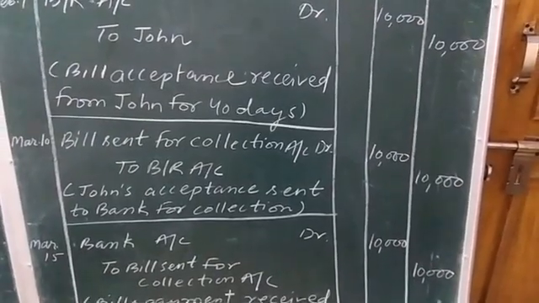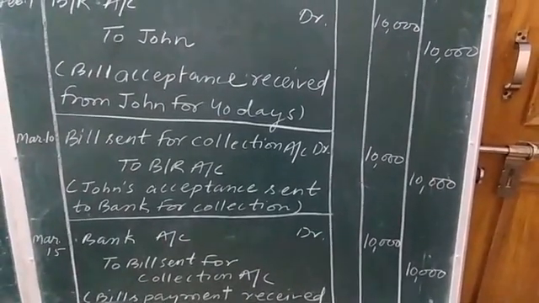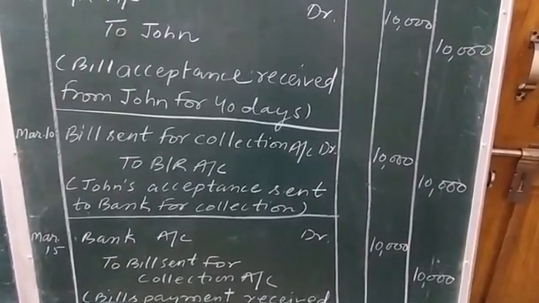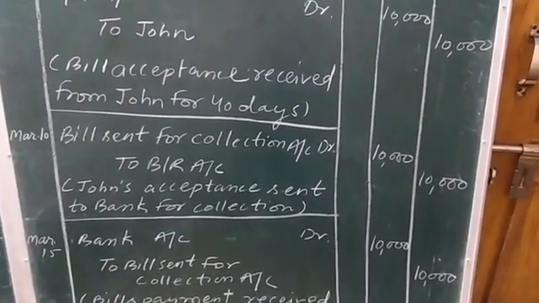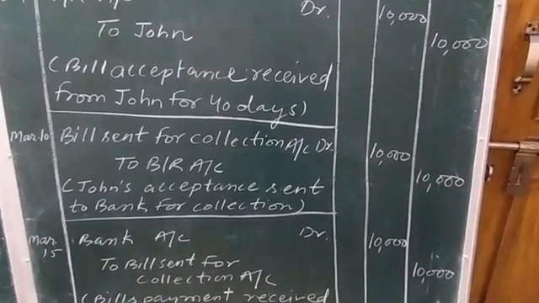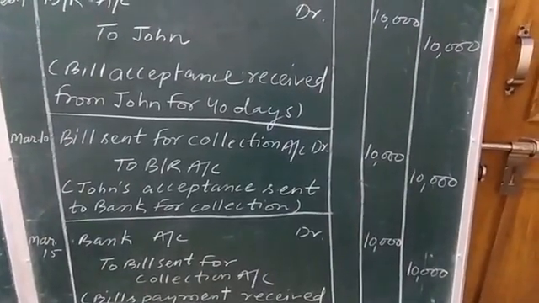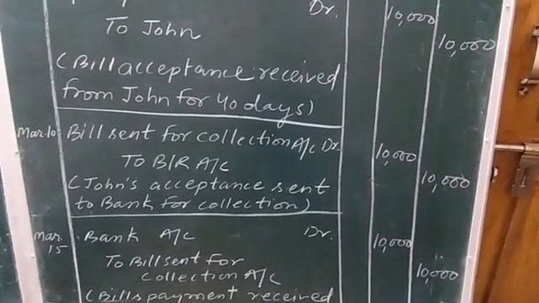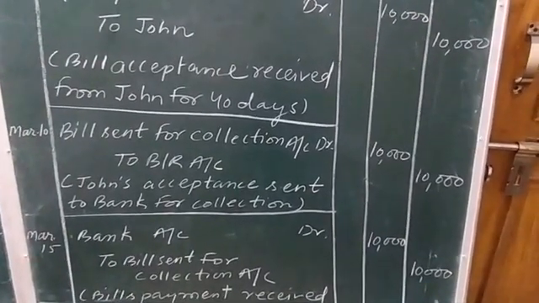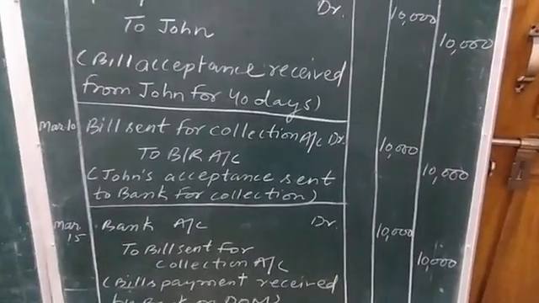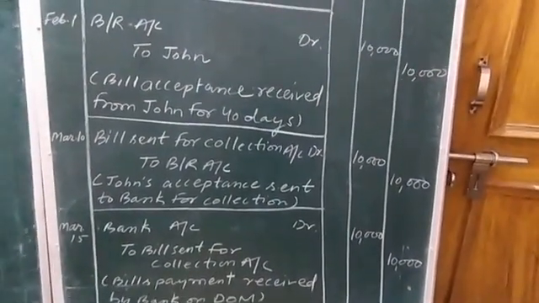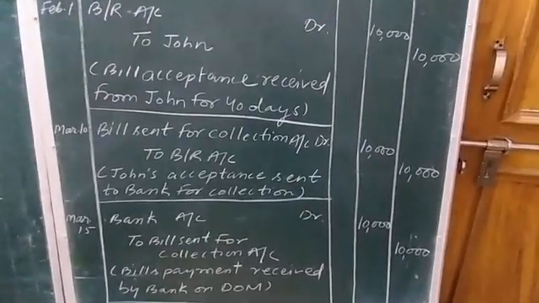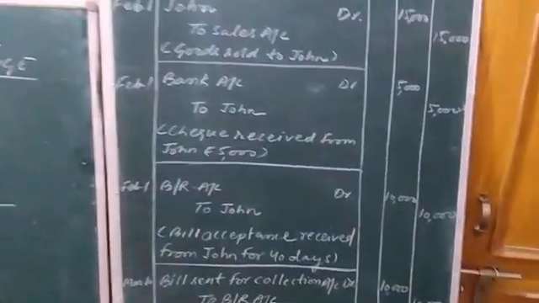Receipt of the amount will be debited as an increase in an asset of Jimmy, and the debtor bank, indicated by the term bill sent for collection, will decrease and hence be shown on the credit side. The journal entry finally will be bank account debit to bill sent for collection. This is the final journal entry to be passed, and this is the solution of question number 4 of NCERT.